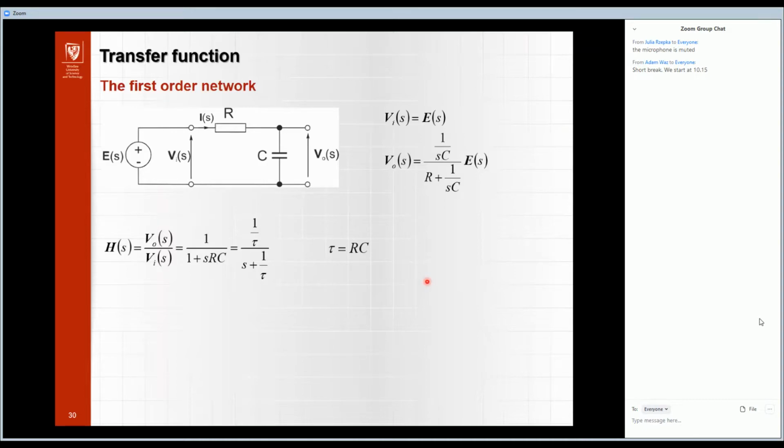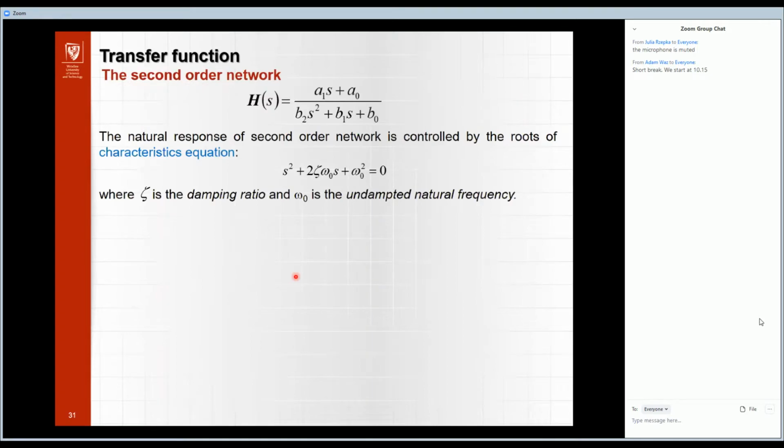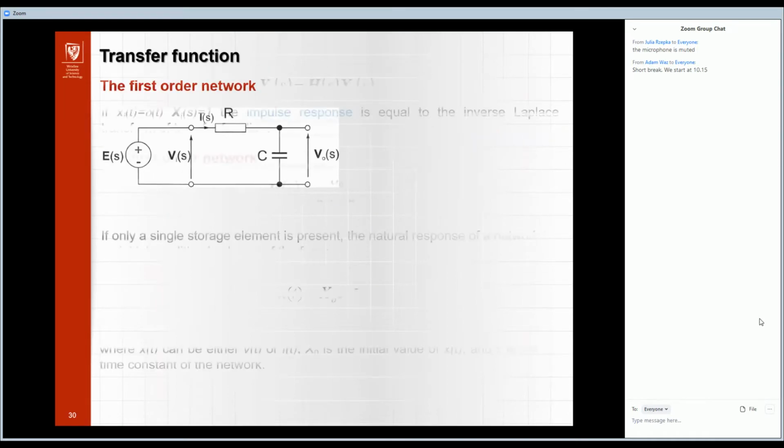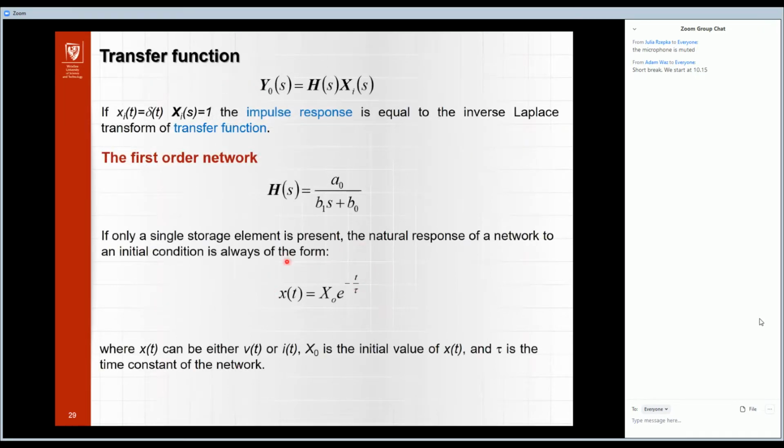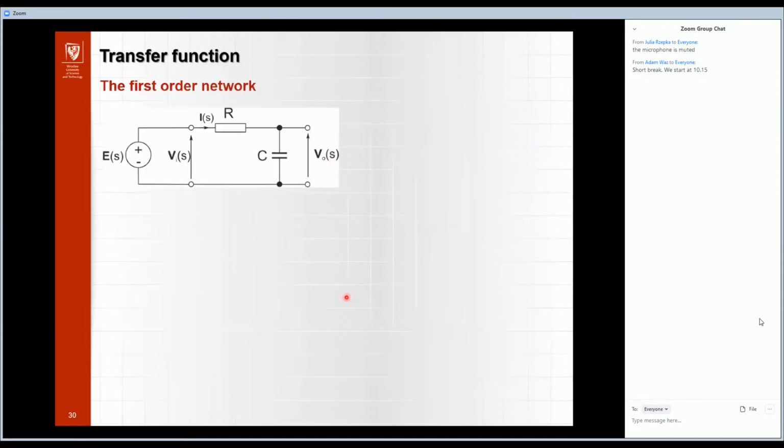Tau is equal to RC. This is the time constant, and when we transform this to the time domain, we obtain such results. It is similar to this one.